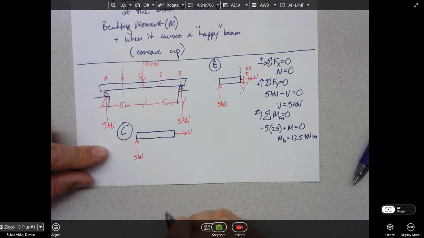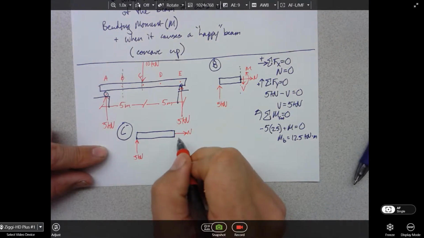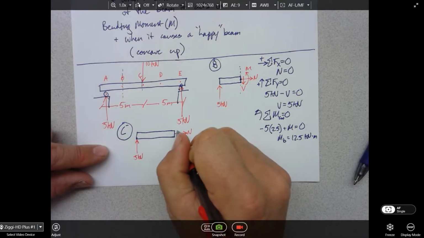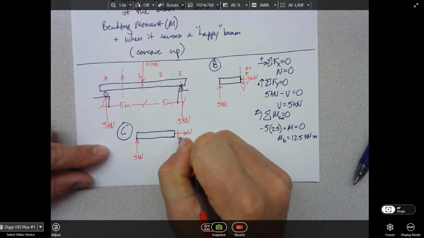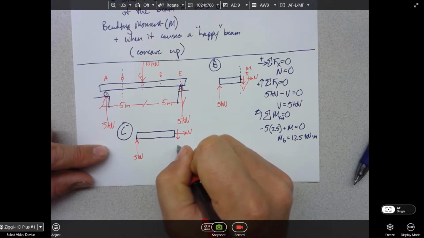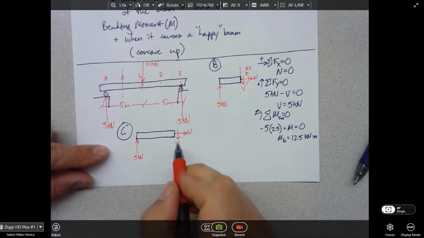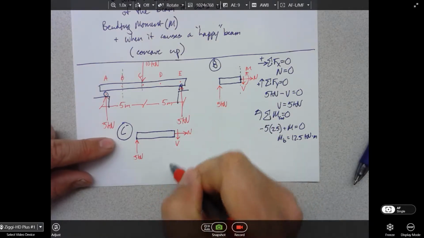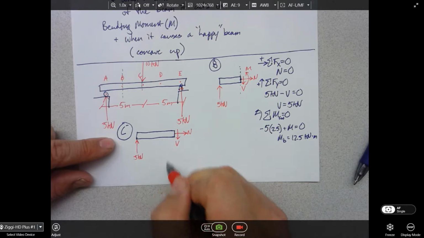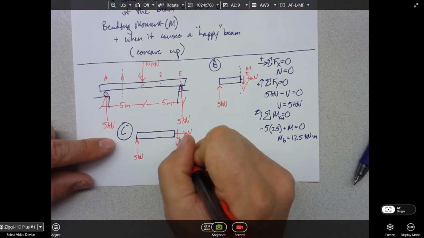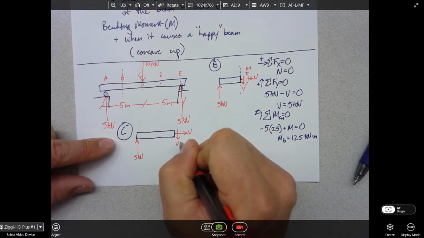Which way do I draw the shear? Down. Okay, but that's not always the rule. What's the rule for how I decide how I draw the shear? Clockwise rotation. Yeah, so in this case, you're right, it's down, but I just want to emphasize it's not always down. It's in the way that causes clockwise rotation. So shear is down in this case. How about the moment?